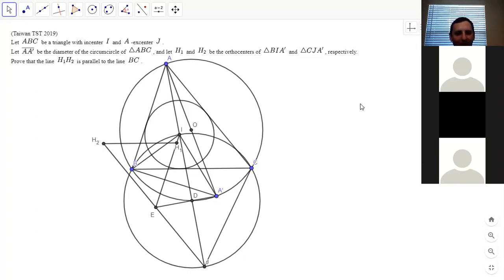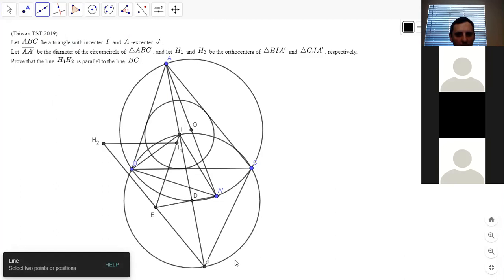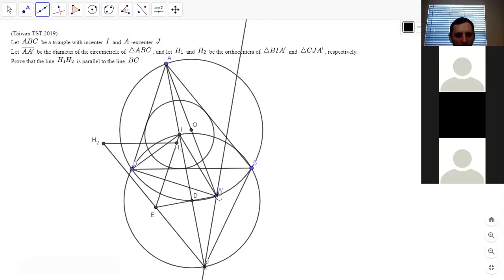Now I'm kind of liking the similar triangles again, but yeah, maybe it's worth drawing JA'. The CH2 is perpendicular to JA'.